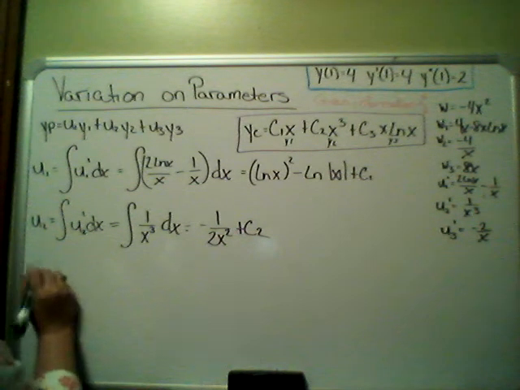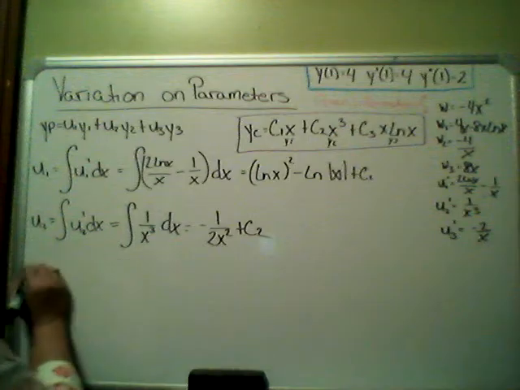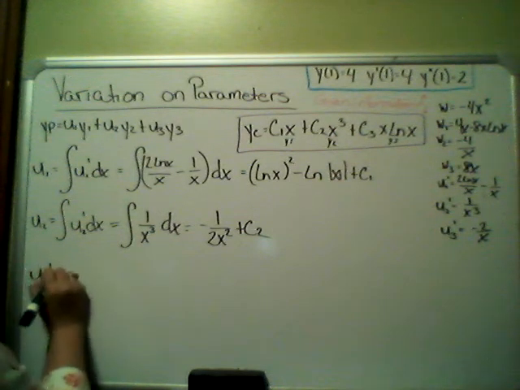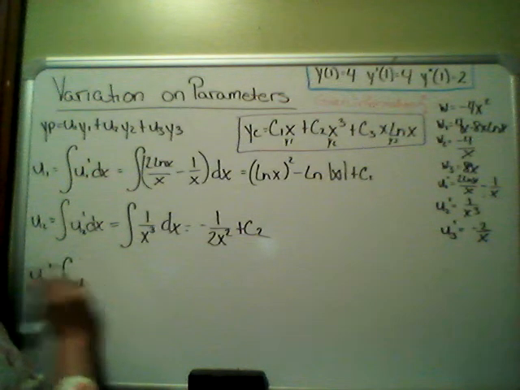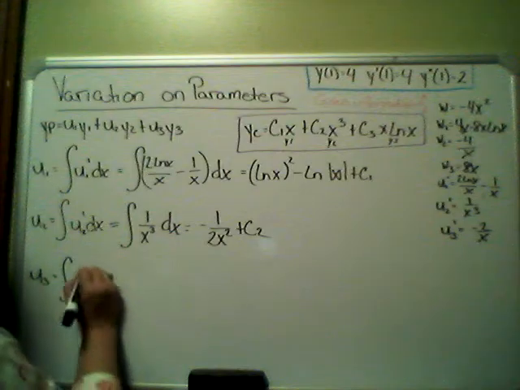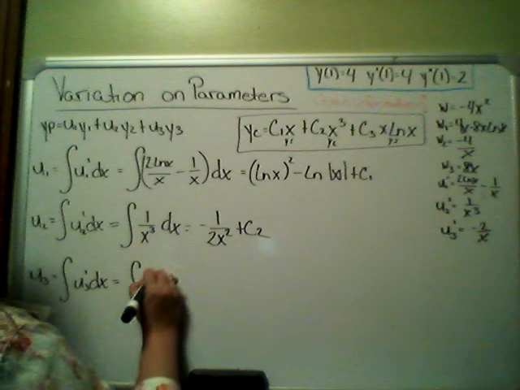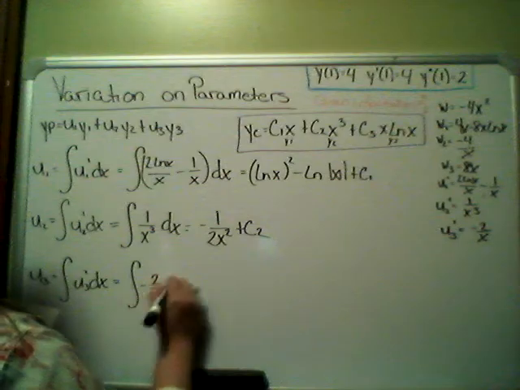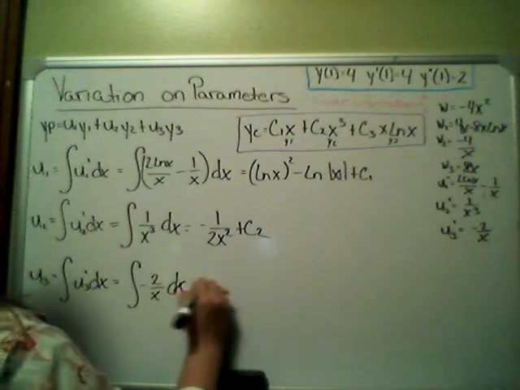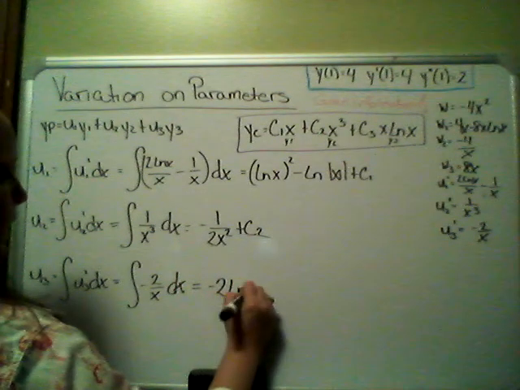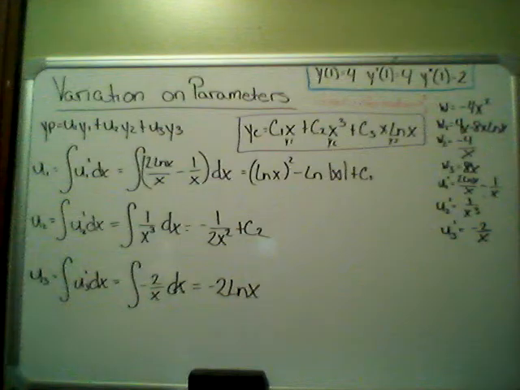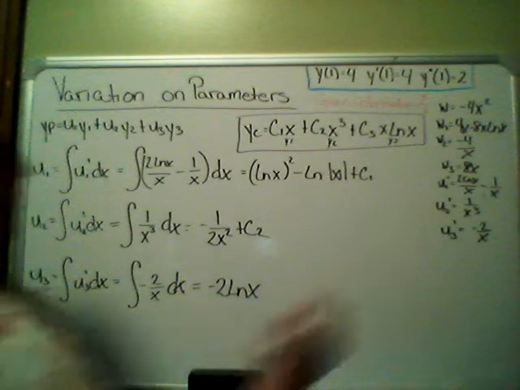And then u3 will equal the integral of u3 prime dx, which is the integral of minus 2 over x dx, which is minus 2 ln of x. So now we have our u values.